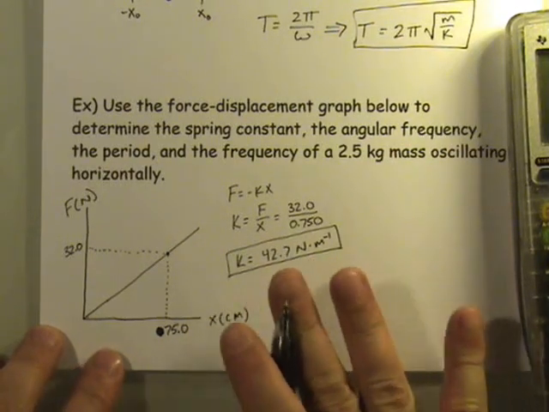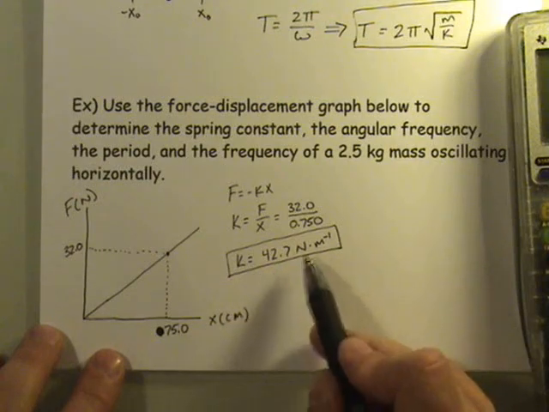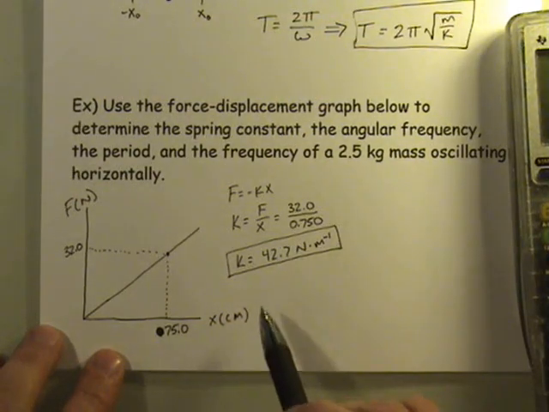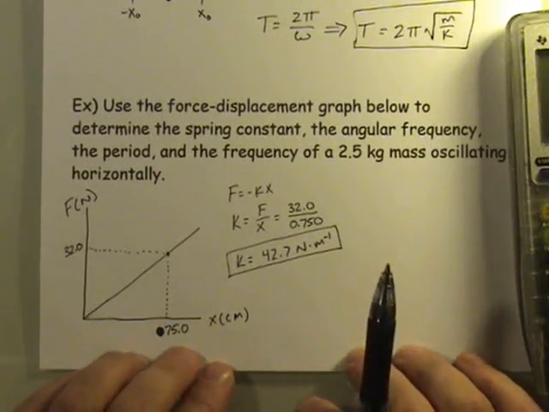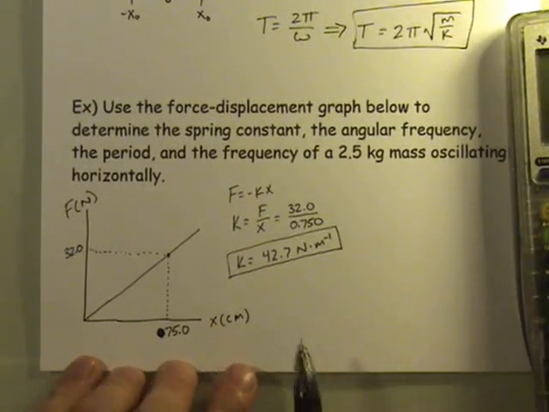So it's important that you keep the units in newtons per meter, not newtons per centimeter, because that's going to cause some difficulty with some of the later properties that we're going to calculate.